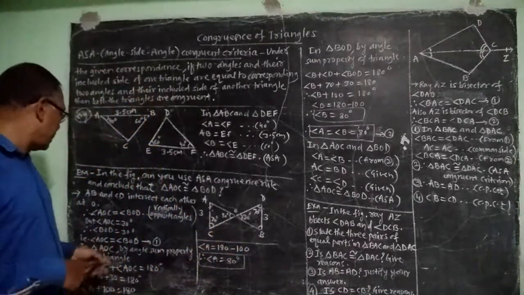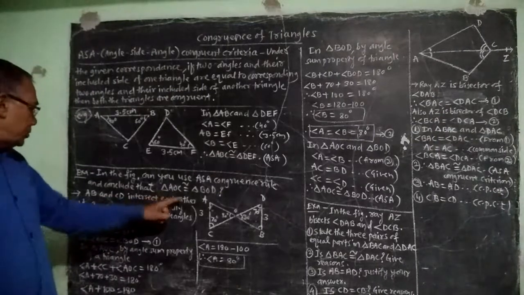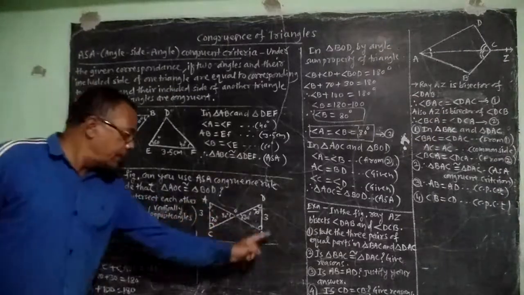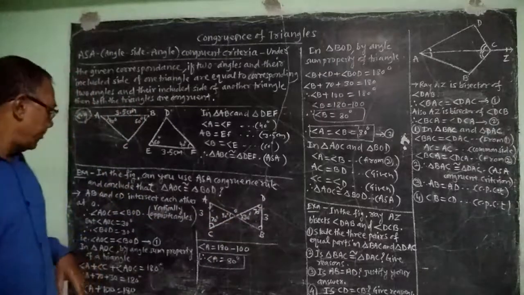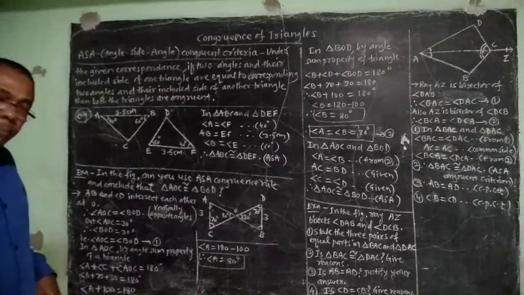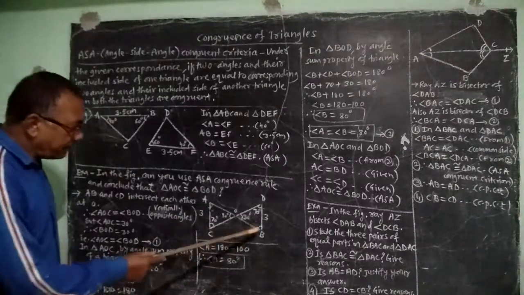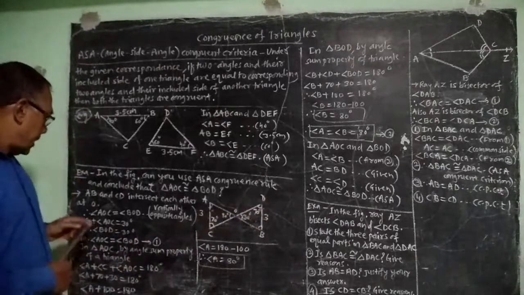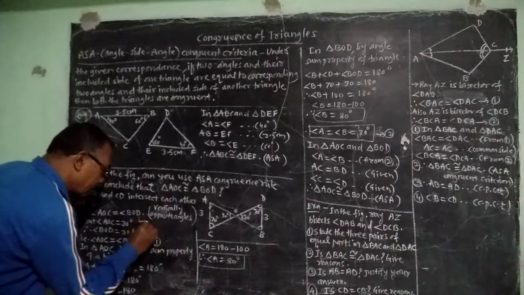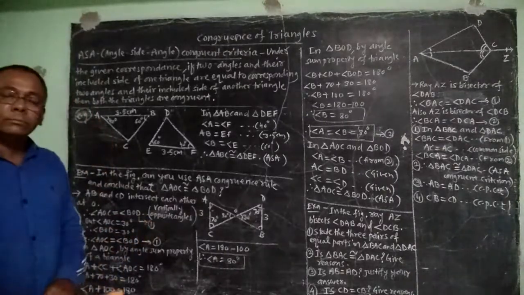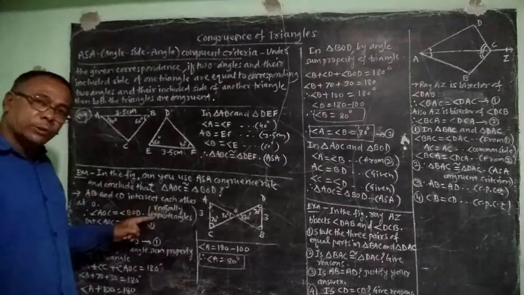Write down here, AB and CD intersect each other at O, and therefore angle AOC equals angle BOD. This is equation number 1. The reason is vertically opposite angles.